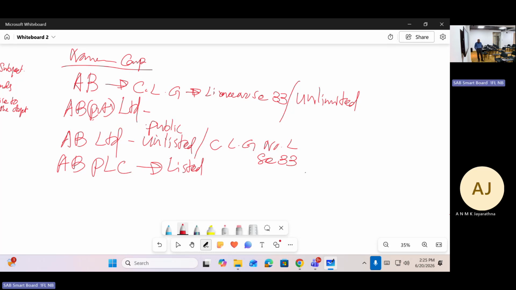Therefore, they don't have share capital, and no shareholders.